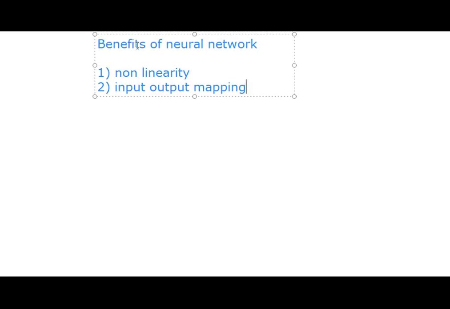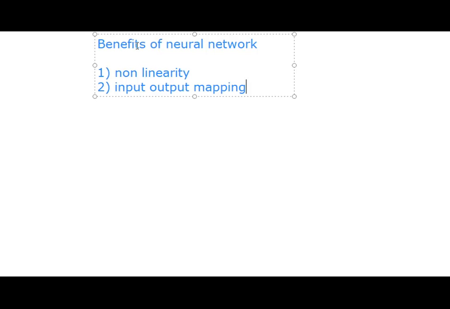It involves modification of the synaptic weights of a neural network by applying a set of labeled training examples or task examples. Each example consists of a unique input signal and a corresponding desired target response.